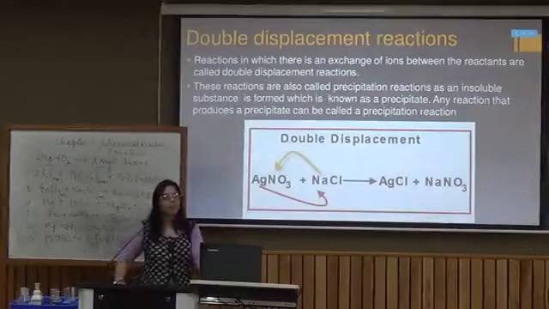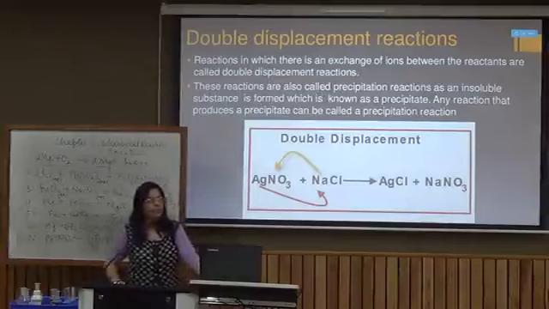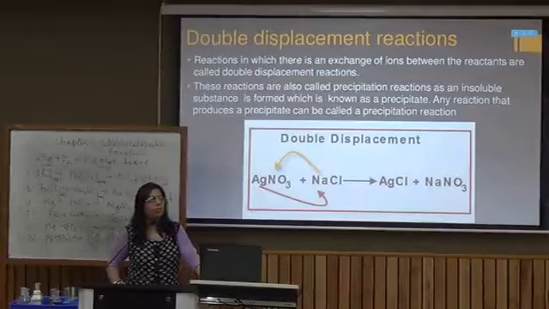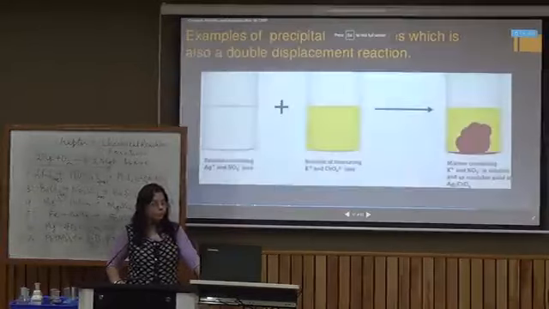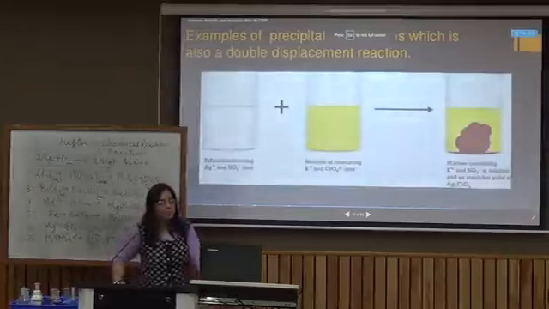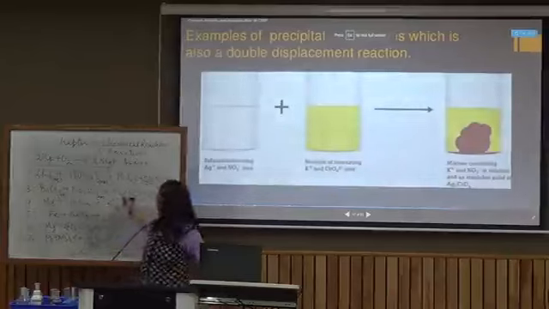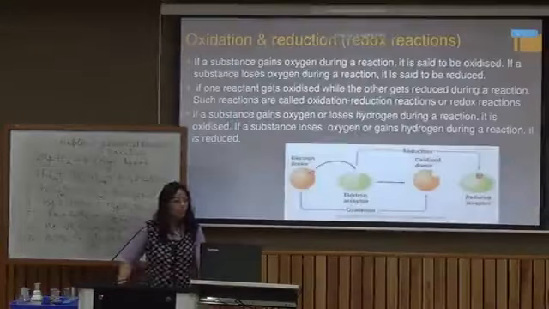Reactions in which there is an exchange of ions between the reactants are known as double displacement reactions, and these reactions are mostly precipitation reactions also, because an insoluble substance is formed which is known as a precipitate. Any reaction that produces a precipitate can be called a precipitation reaction. We've already had a look at 2 precipitation reactions.